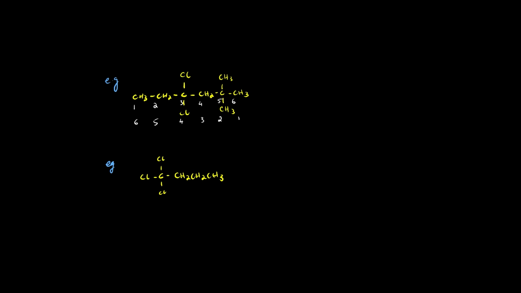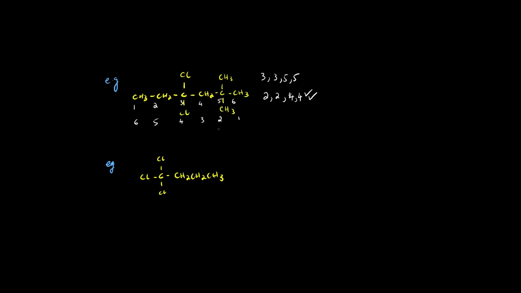So if you look at it, doing it from the left side will give you the substituents on 3, 3, 5, 5, and doing it from the right side, the substituents would be on 2, 2, 4, 4. So simply this is the smaller number.